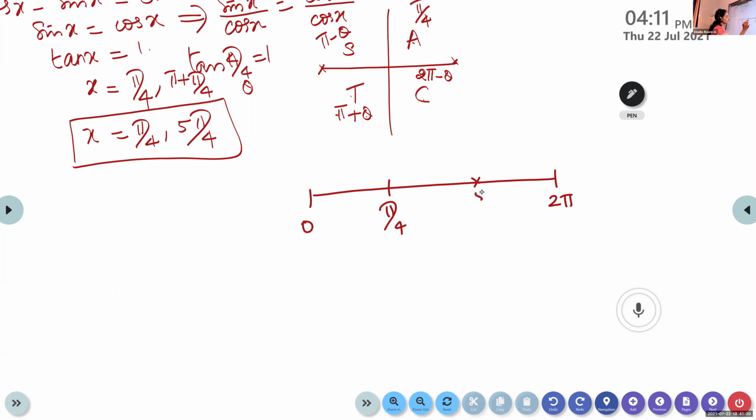The next value is 5 pi by 4. So we are dividing this full interval into 3: 0 to pi by 4, pi by 4 to 5 pi by 4, 5 pi by 4 to 2 pi. Pi by 4 means it is 45, isn't it? 5 pi by 4 means 5 into 45, that is 225. Is it correct, Diya? 5 into 45.